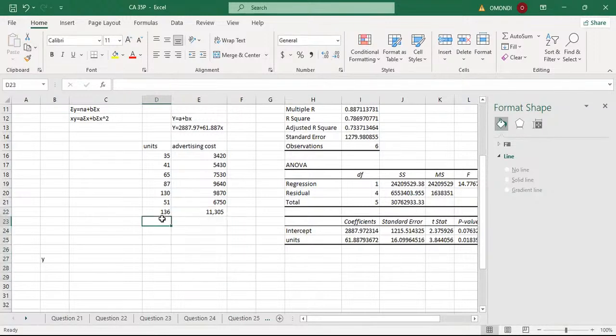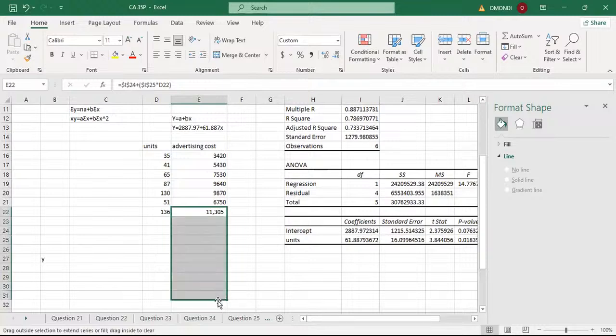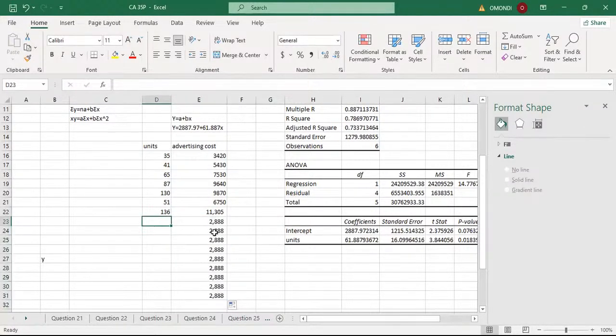So that is what I have, such that if I have been given a unit here, let's say I have that one. If I have 0 units, you are able to see that my fixed cost is appearing, because even if I produce nothing, it will still appear. If I have 34 units, it changes to 49.92. If I have 130 units, of course, it will not be the same, because whatever I have here is the average of all the observations.